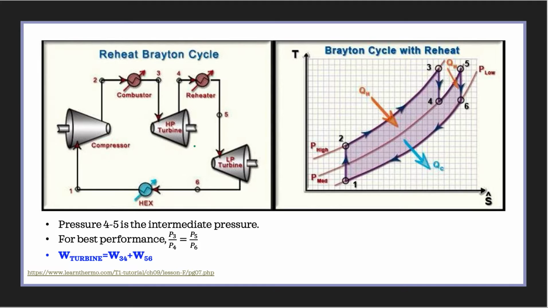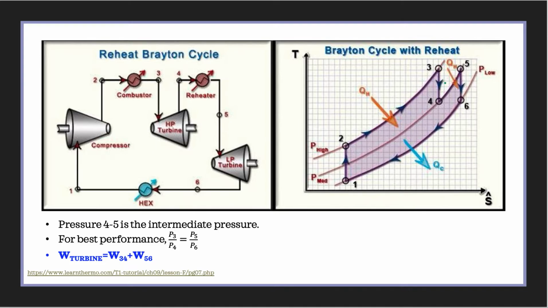This is the schematic diagram of the Brayton cycle with reheating, and we can see HPT, LPT, and this is the reheater. For the T-S diagram, we can see that the reheating process is here, from state 3, 4, 5, and 6. 3 and 4 is in the HPT, high pressure turbine, and state 5 to 6 is in the low pressure turbine.